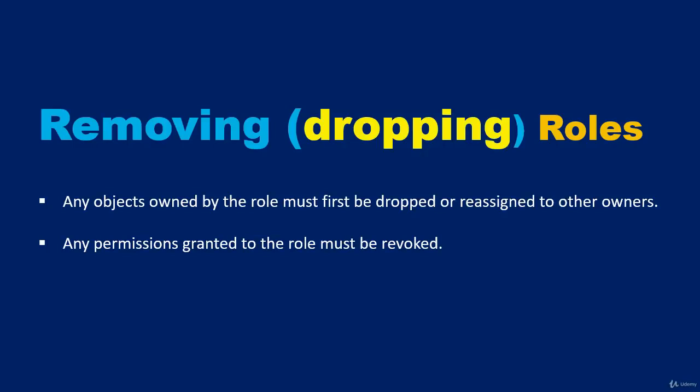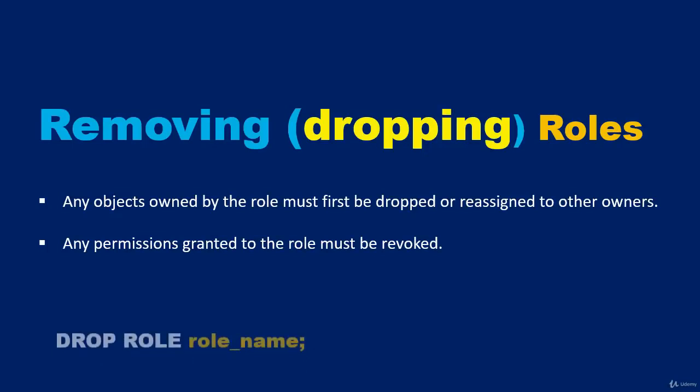So before removing a role, you must reassign or remove all the objects it owns and revoke its privileges. If you remove a group role, PostgreSQL will revoke all membership in a group automatically.